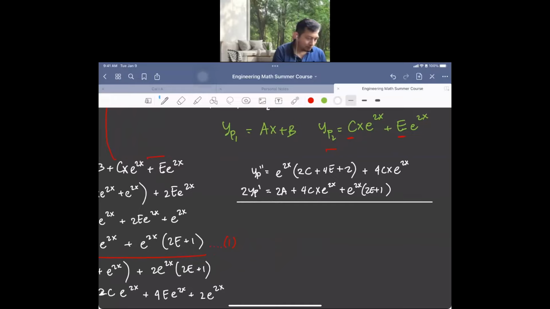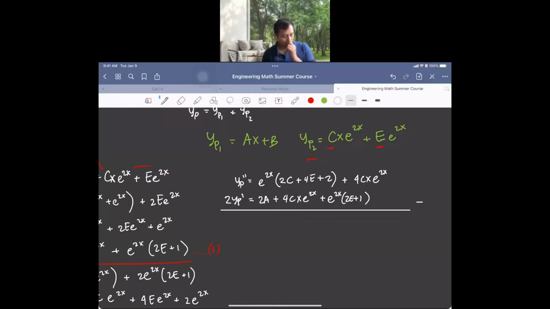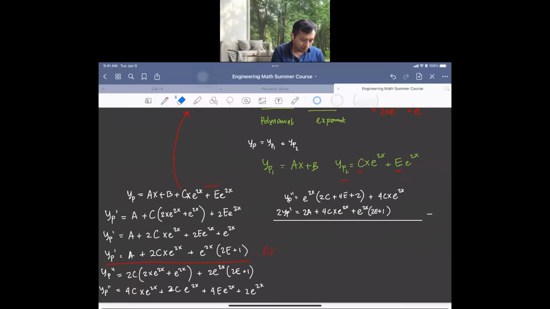And then let me just subtract this. I think it's better to just expand this, not in the bracket.